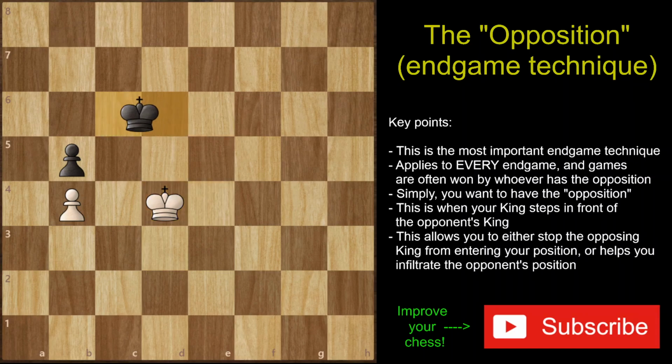So this way, white can just go back and forth. He can try enter this way, and this is the really sneaky part, white actually manages to gain opposition here, right? The kings are opposite each other, but black regains opposition here.